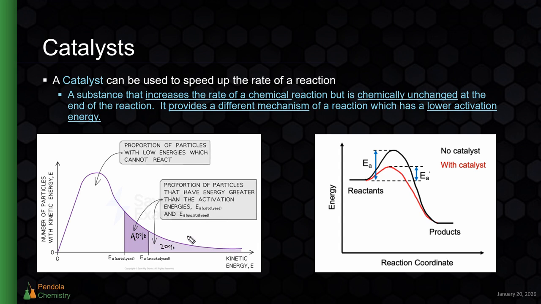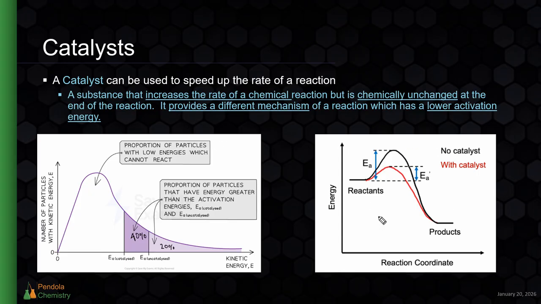And so more molecules have enough kinetic energy to overcome the activation energy. So that's what a catalyst does when it comes to the Boltzmann distribution. It does not change the shape of the graph. It simply shifts the activation energy towards the left. It lowers the activation energy, which is the role of the catalyst.